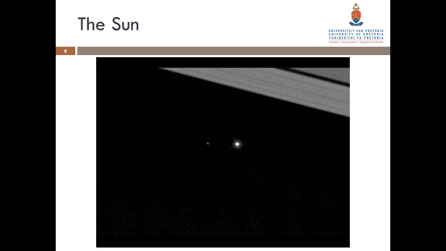So something interesting about this photo is, yes, these white are the rings of Saturn. You are correct. So something interesting is, what is this in the image? Yes, that is Earth. So here's the sun, and that is Earth. If you Google this, the image is known as the pale blue dot, and is one of the most famous and probably one of the most important images in astronomy.